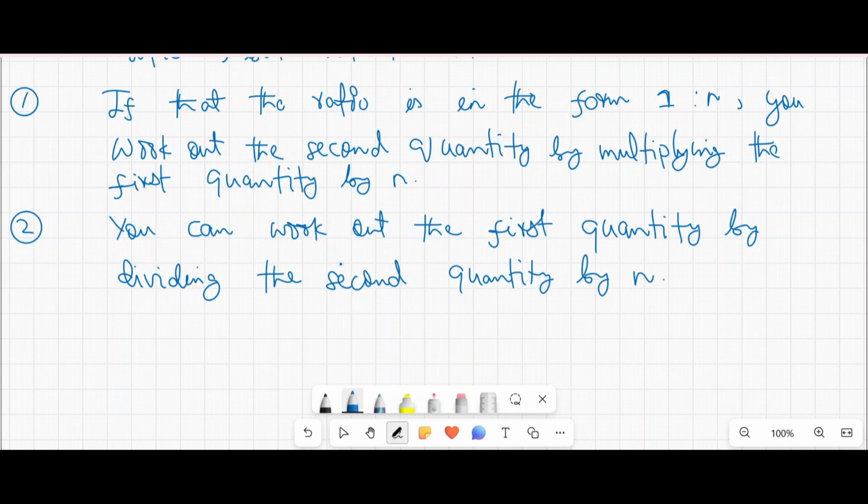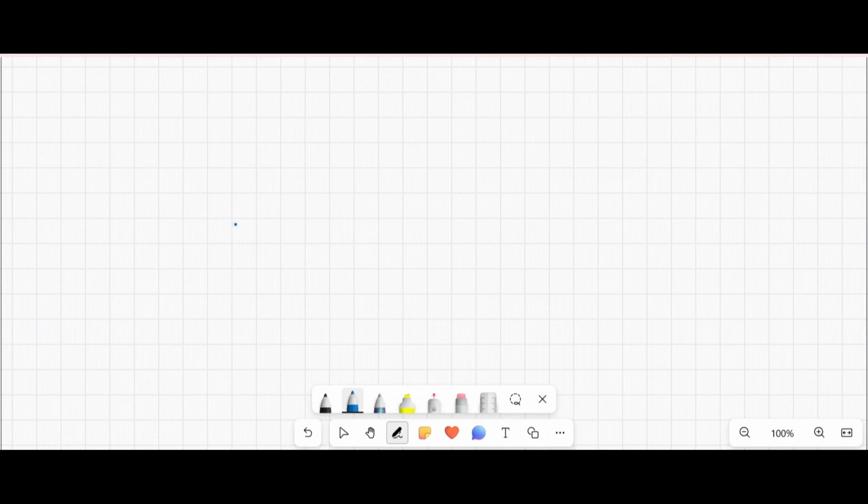So now let's see an example, so it will be clear what I'm saying. How will I use both these conditions? So now we have an example.